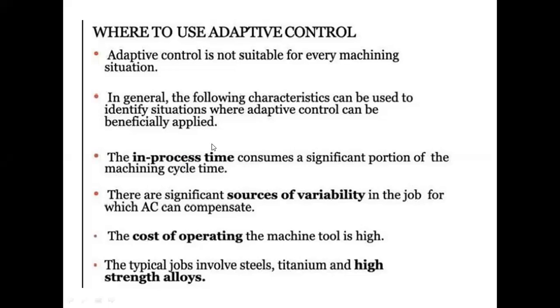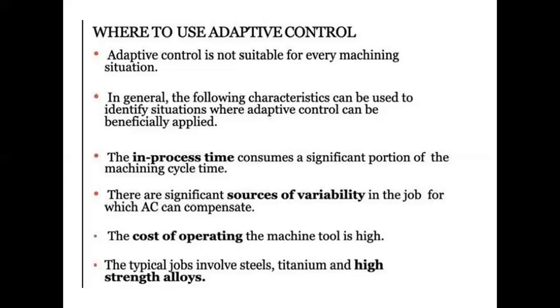So if the time required for processing is more, as in the case of milling and turning, and it consumes a significant portion, then you have to implement this; otherwise it is not useful. If it is only a small part of your machining cycle, then it is not beneficial to implement this technology. The other thing is significant sources of variability in the job. There are a lot of sources of variability.